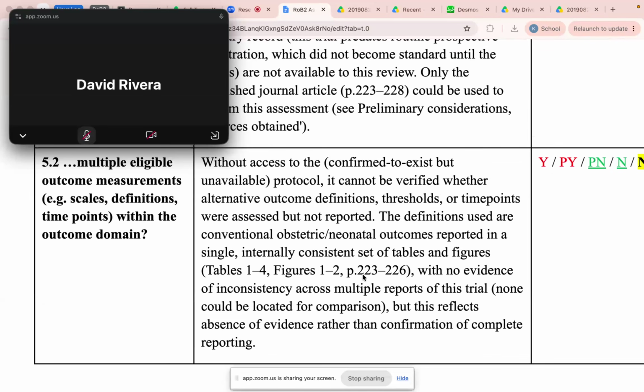protocol that they were going to measure it in some way, for example, they say in the protocol, oh, we're going to measure with the tachometer.